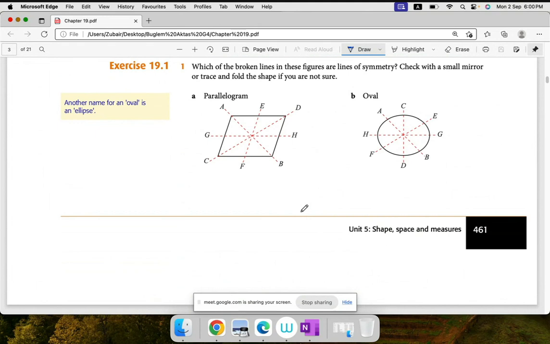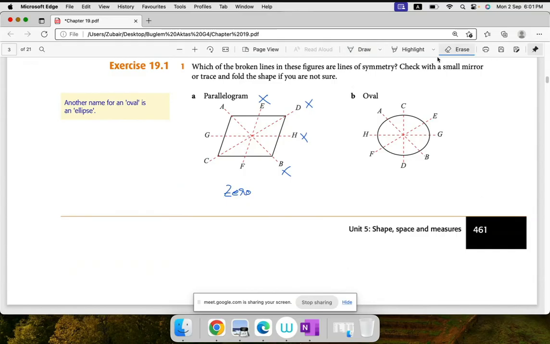EF, and then GH, which is probably not again. AB, AB is not again. And we are left with CD, that is not again. So no lines of symmetry. So we say zero lines of symmetry.